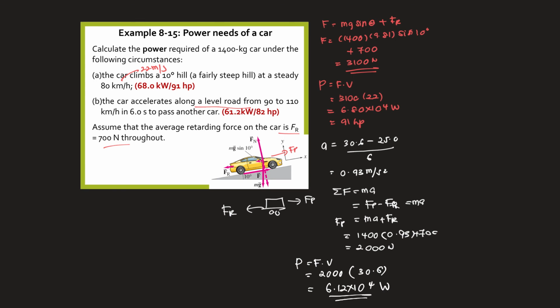The reason why I'm using 30.6, which is 110 kilometers per hour, is that it is the velocity that makes sure your car can pass through another car. That's why you use the final one, which is 110 kilometers per hour, instead of 90 kilometers per hour. Then you change this into horsepower, so you are going to get 82 horsepower. Okay, so I think that's all for now.